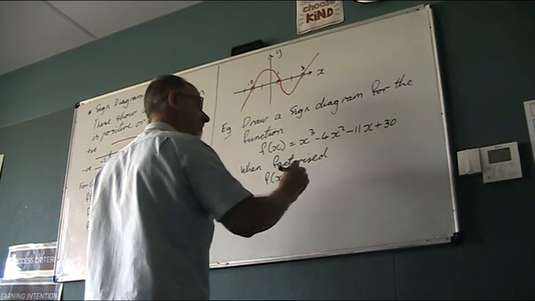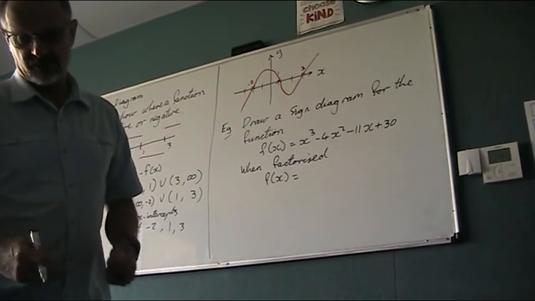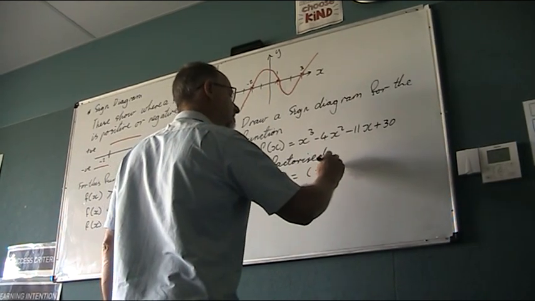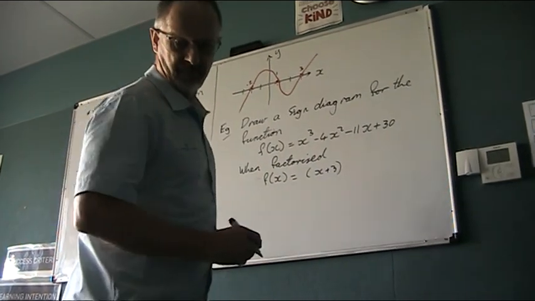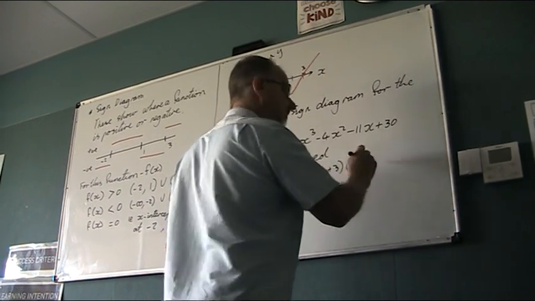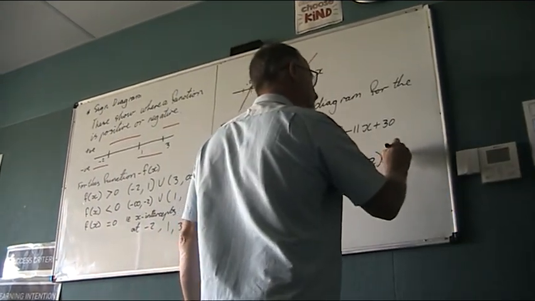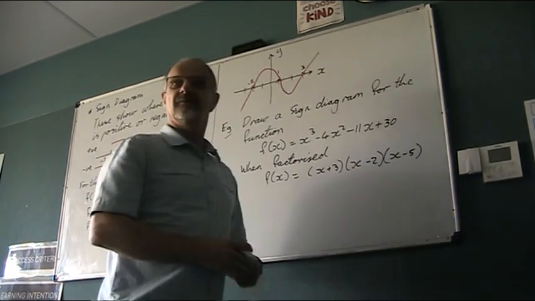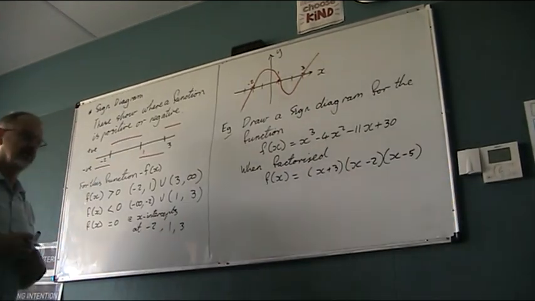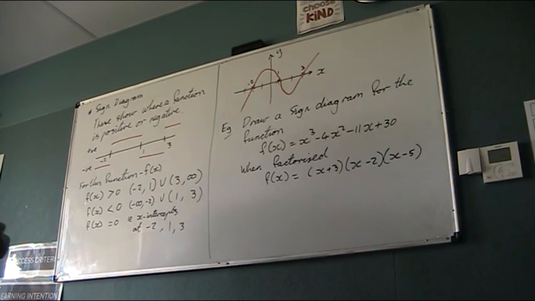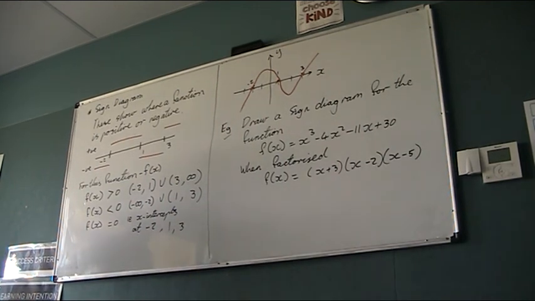But when you factorise it, you get x plus 3, x minus 2 and x minus 5.